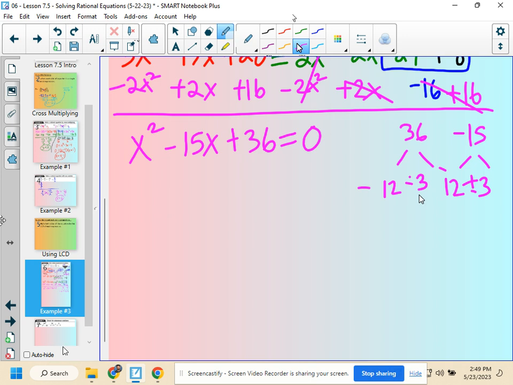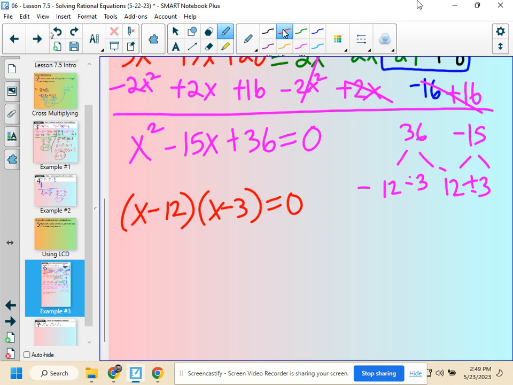Let's see, negative 12 times negative 3 is positive, negative 12 plus negative 3 is negative 15. Awesome. So we're factored now as x minus 12, x minus 3 equals 0. All right, my signs are good there. I think so. So my solutions potentially here are 12 and 3.